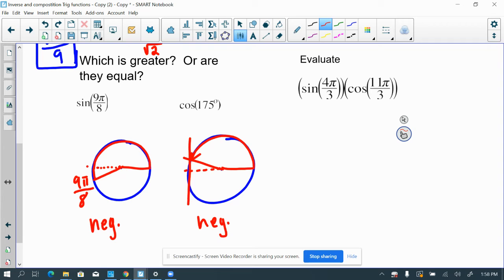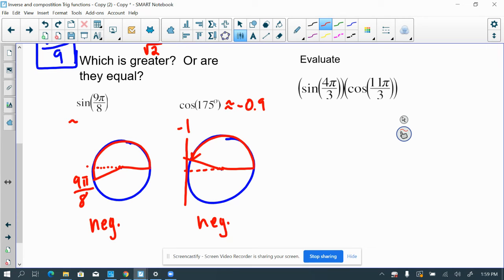The most negative cosine could ever be is -1, way over there to the left. This angle 175 is not quite all the way to -1, but it's darn close. It might be like -0.9 or something. So I'm going to guess that this is about -0.9, give or take.